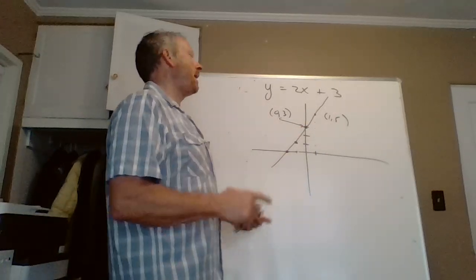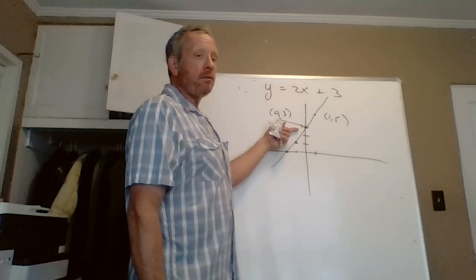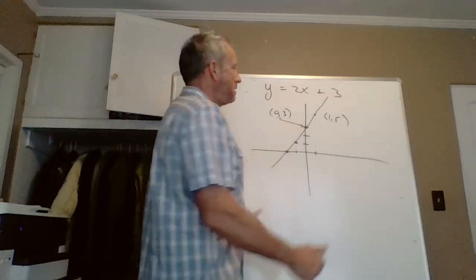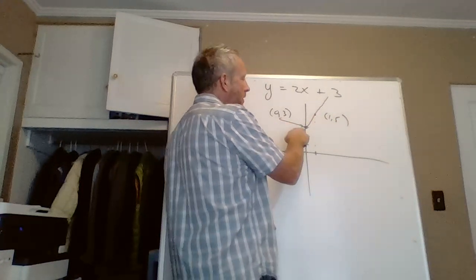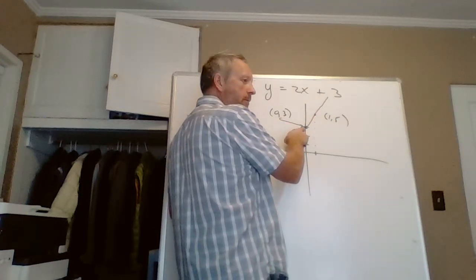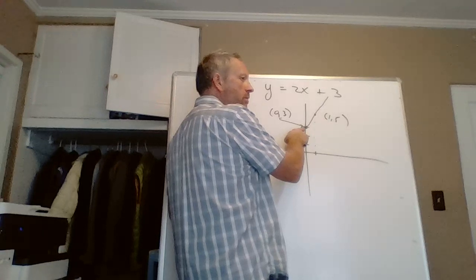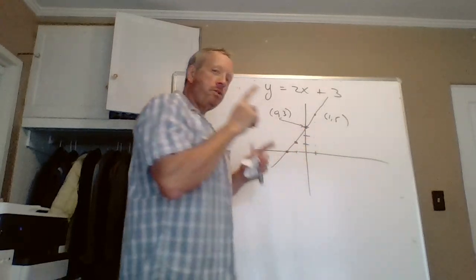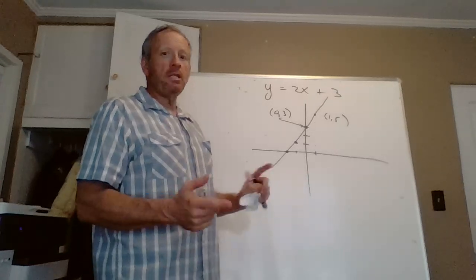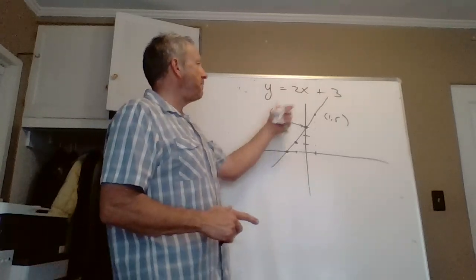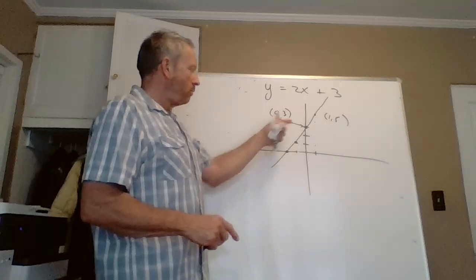Look at this point right here. It's not to the right, it's not to the left. So whatever this point is, x has to equal 0. So to find the y-intercept, you set x equal to 0. Now we've already done that, put a 0 in there. And I have the y-intercept.